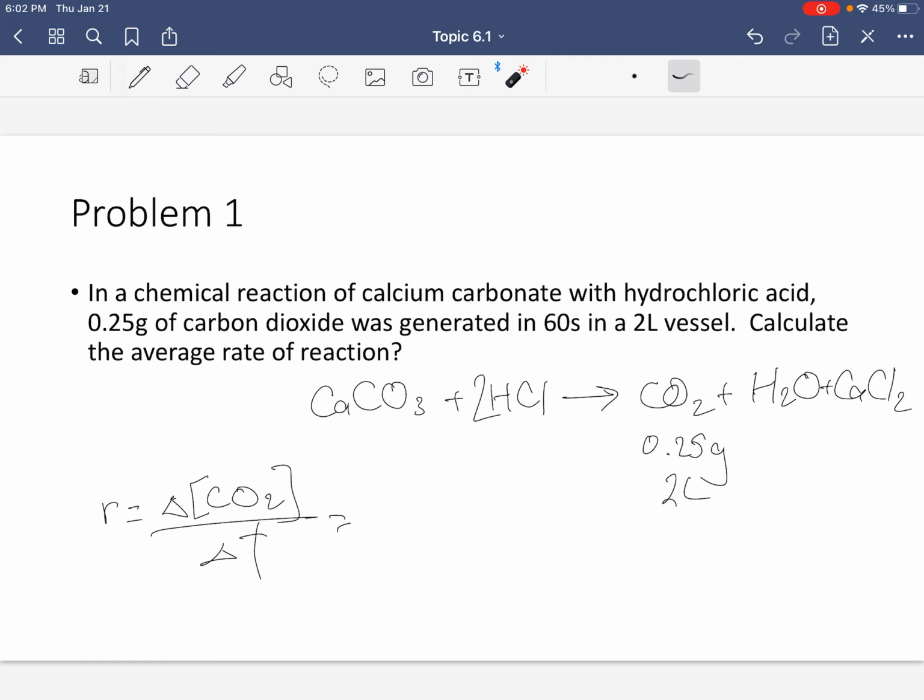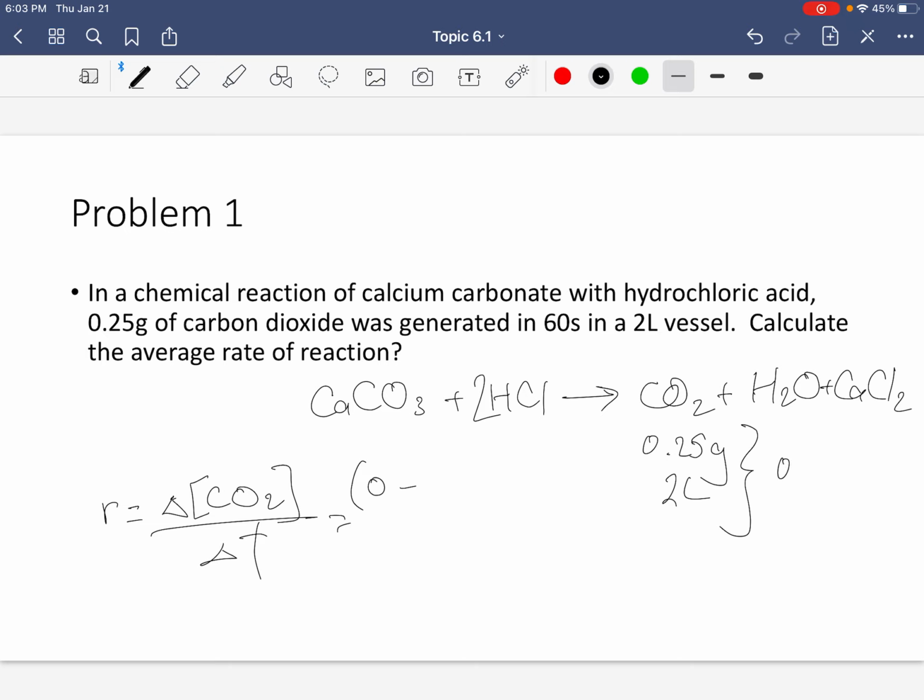If after 60 seconds it went up to 0.25 grams, and the vessel here is to be 2 liters, we can easily find out what the concentration is. So in this case, you're looking at 0 minus, okay, let's put that down into concentration. So 0.25. Okay, you're going to have to change that to moles, I guess, because I guess they want this in molarity per time.